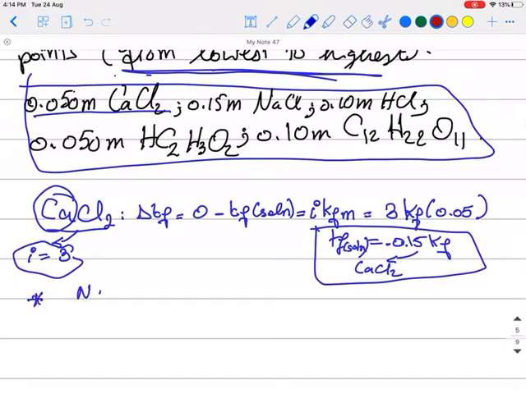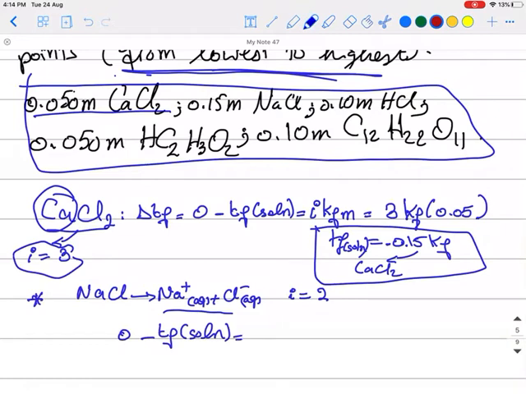Similarly, I will find the rest. I will start with NaCl. It's an ionic compound that splits into ions, Na plus and Cl minus. So 2 ions, i equals 2. So 0 minus T_f of the solution equals i, which is 2, multiplied by the molality, 0.15, and K_f.